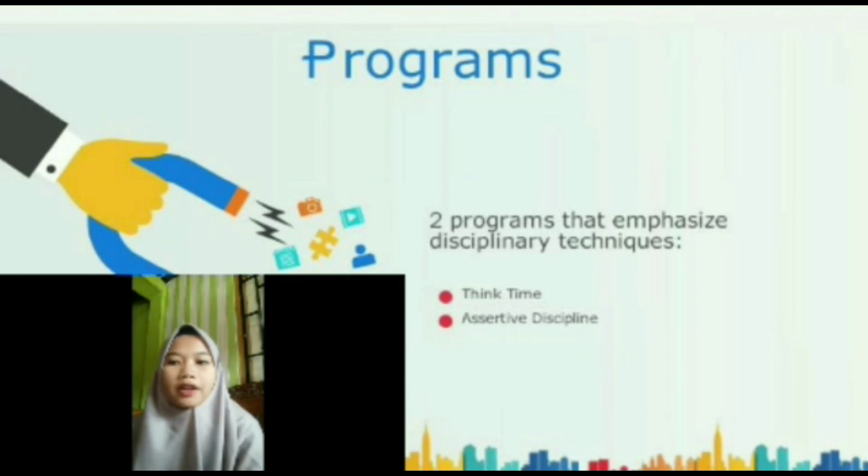Okay, the next technique, assertive discipline. According to Canter in 1976, it is a widely used program based originally on a traditional behavior modification approach in which misbehavior results in specific consequences. Some scientists do not agree with this technique.